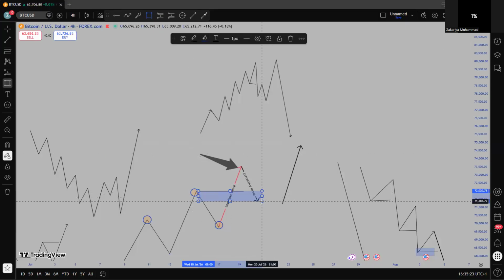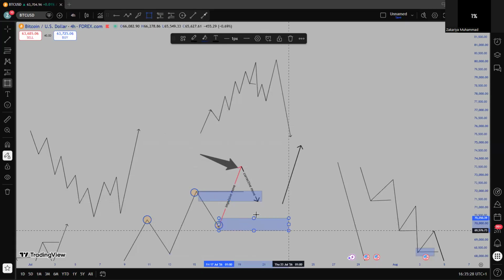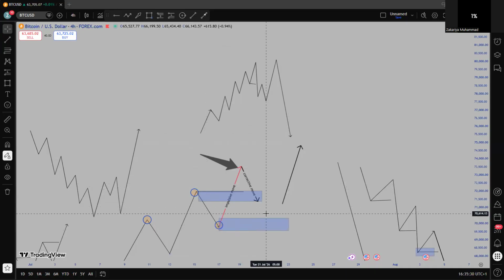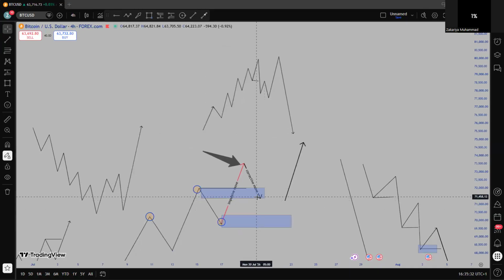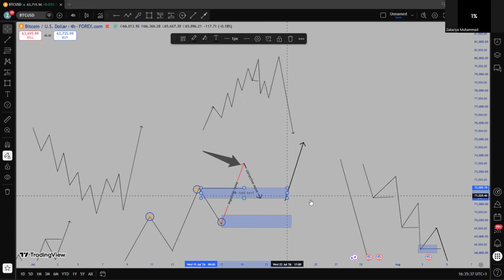And at that range, because we have two POIs, which are the breaker block and this other block, in both of those zones we want to see confirmation for the market to continue buying. What are those confirmations? It is the rules, that is our continuation and reversal moves, right?